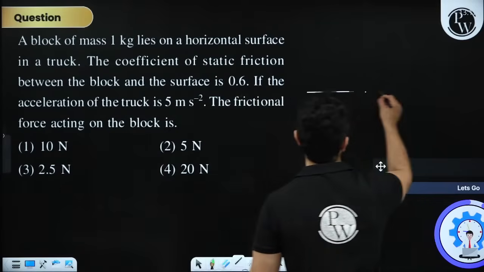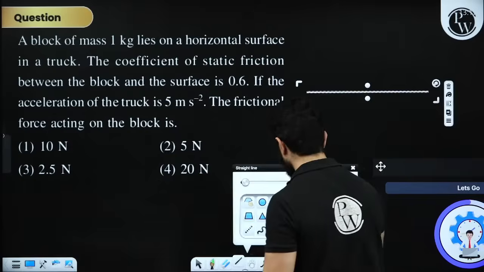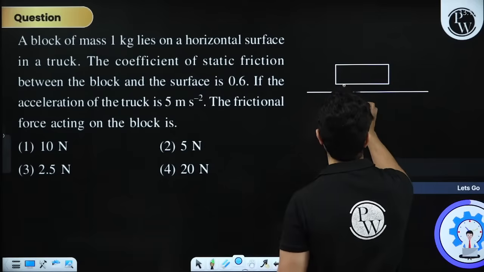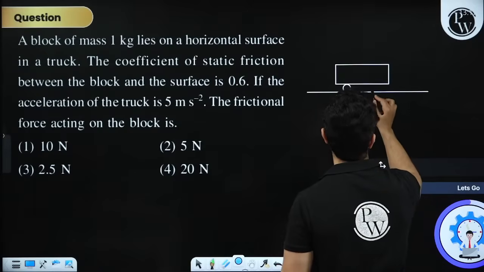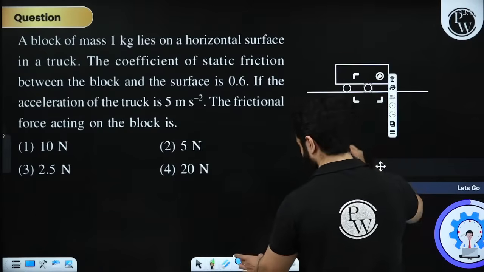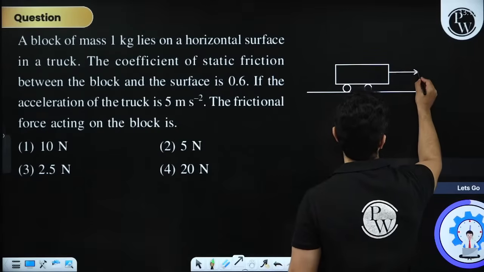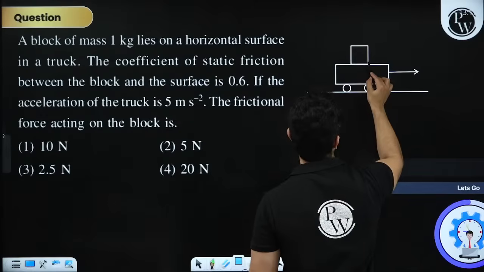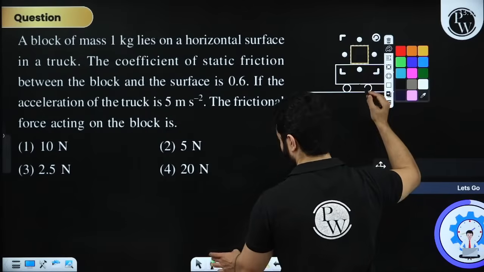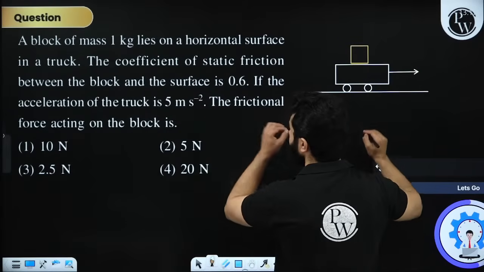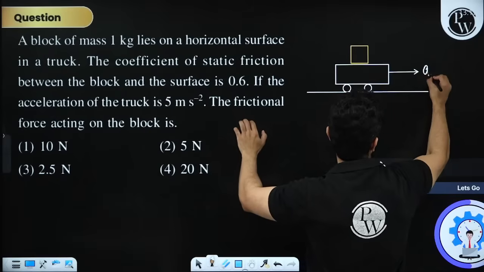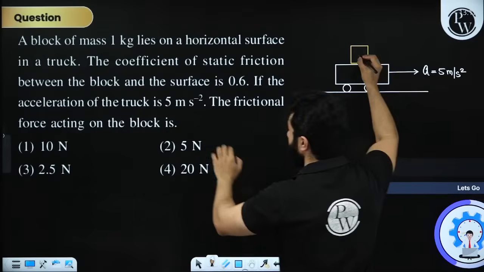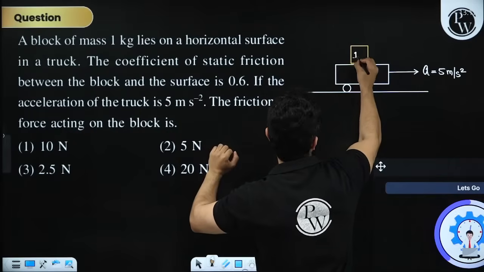Let's suppose this is the ground and we have got a truck over here like this. And on this truck we have got a box. This truck is accelerating with 5 meter per second squared, and the mass of this block is 1 kg.